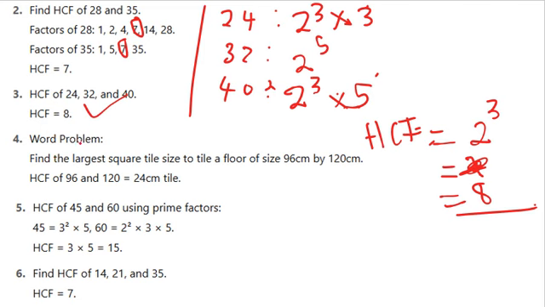Okay, now let's carry on to another one. Word problem. Okay, now it's a word problem. Find the largest square tile size to the tile of the floor of size 96 by 90 by 120.